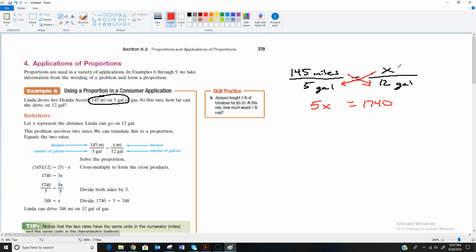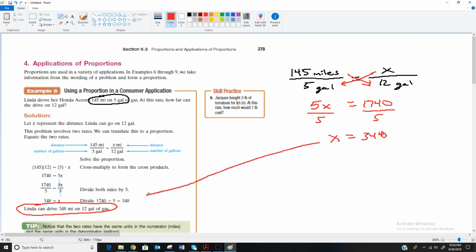And then if we want to figure out how many miles she could go on that 12 gallons, I would divide by 5. So 1740 divided by 5 is 348. And so the answer is, at this rate, how far could she drive? She could drive 348 miles on 12 gallons of gas.